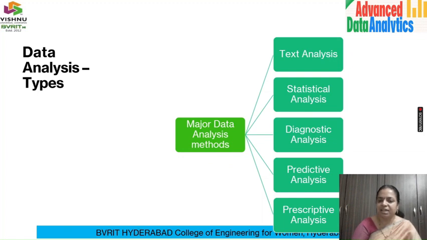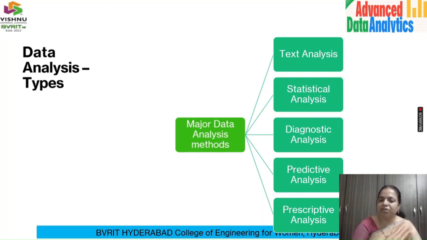Next is statistical analysis, where we apply different statistical methods to understand and explore the data. And next is diagnostic analysis, where we apply analysis methods to test the data, that is, whether our data is working properly or not, whether it is based on our requirement or not, whether the data is providing all the information required for my purpose or not. These we can do with the help of diagnostic analysis.